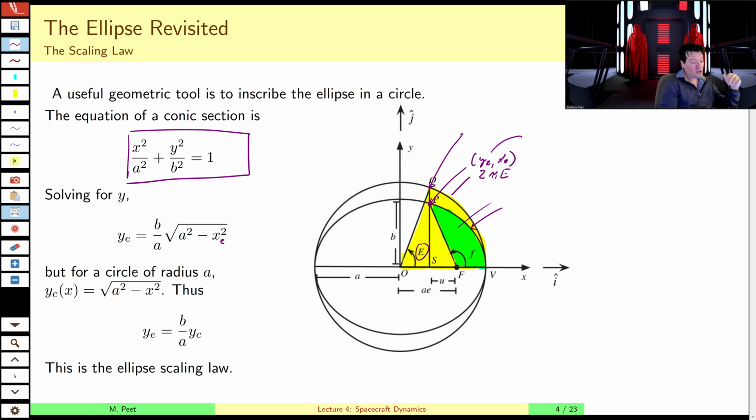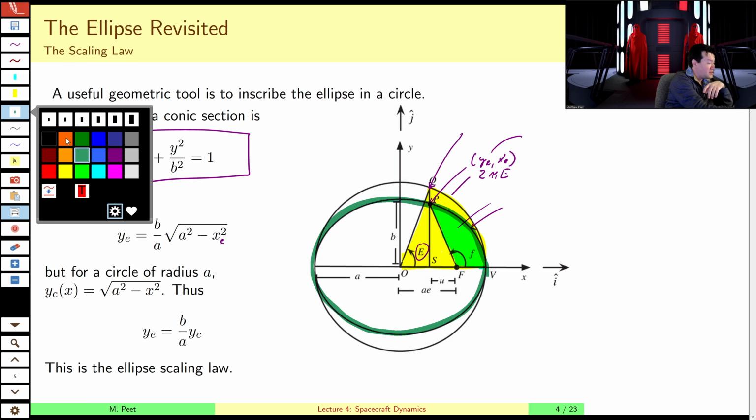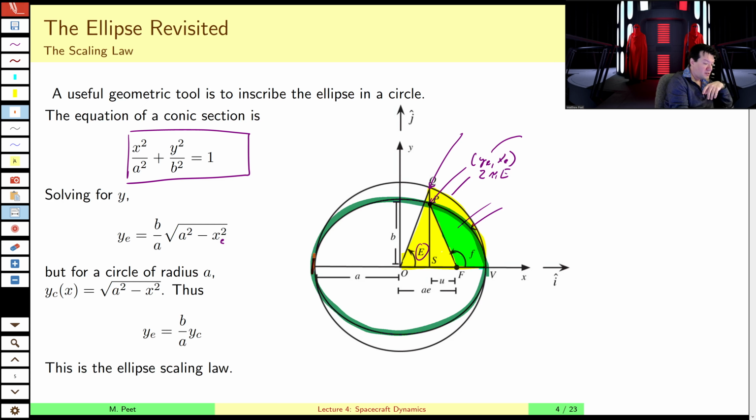So a useful geometric tool is to take the ellipse that we're analyzing, which here I'll just highlight in some color, and inscribe it in a circle centered at the same point. So the center is the same. The radius of the circle is the semi-major axis. So a becomes the radius of the circle.